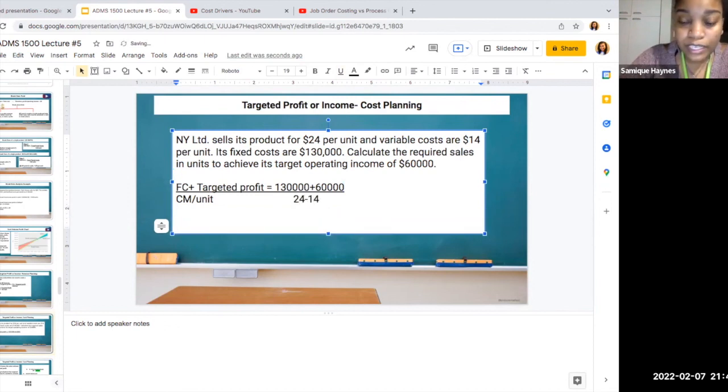So how many units do we need to sell in order to make that profit? 7,000 units? Anybody else got 7,000? So 130,000 plus 60,000 gives us 190,000. 190,000 divided by 10 will give us a total of 19,000.